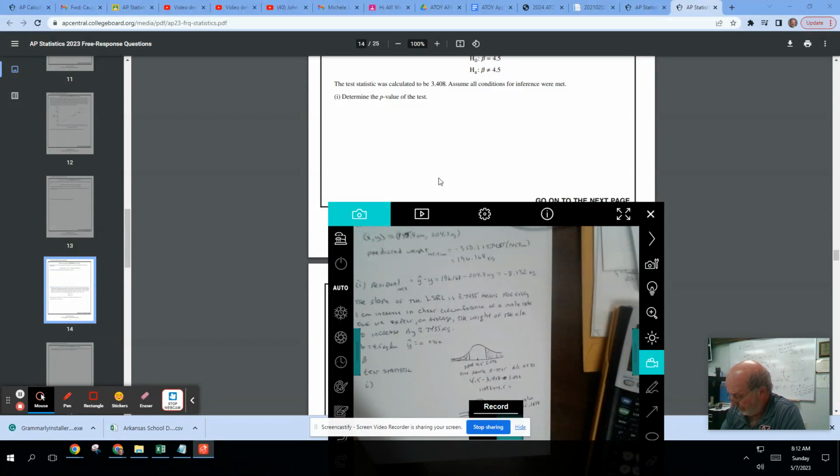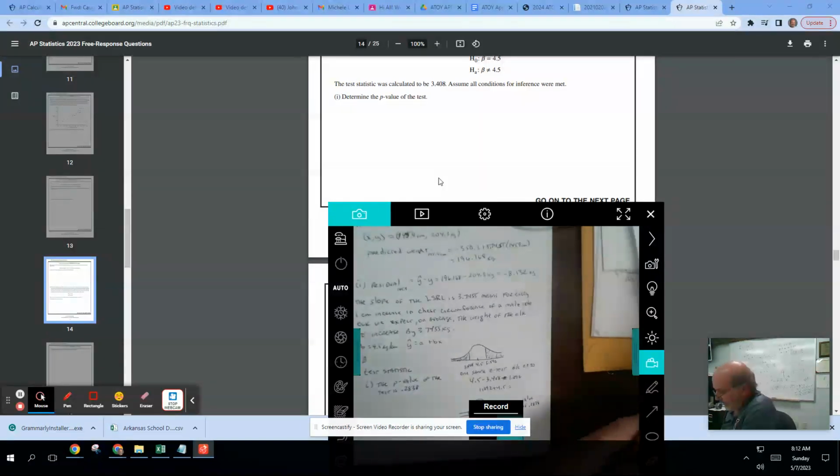Determine the p-value of the test. Okay, so the p-value is 0.2838. I'm going to go ahead and check this with the z-test just in case, because the sample size is greater than or equal to 30.